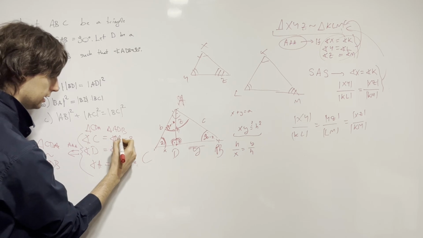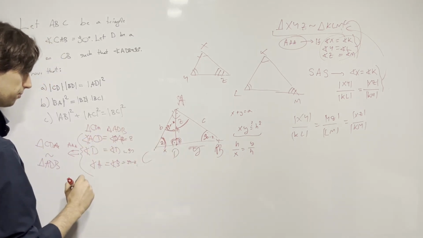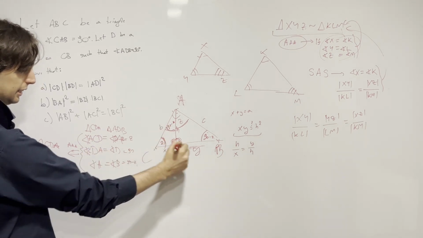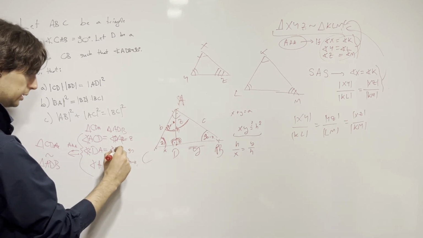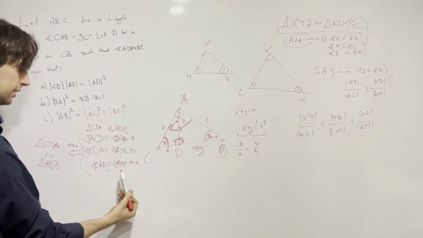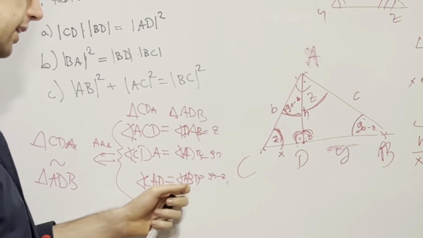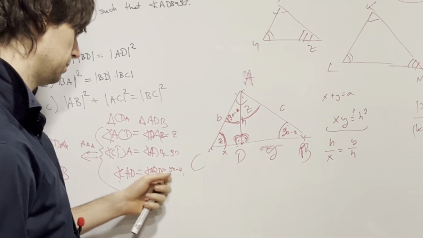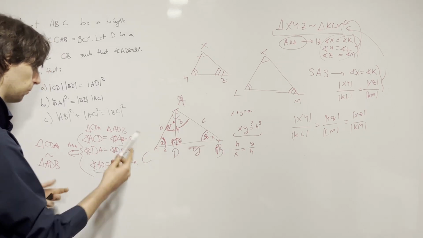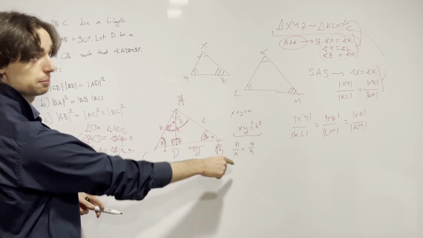This angle at D is formed by CDA, and this one is formed by ADB. This angle is formed by CAD, and this one by ABD. Now you can see that this angle at A and this one are different, because this one is CAD and this one is DAB.